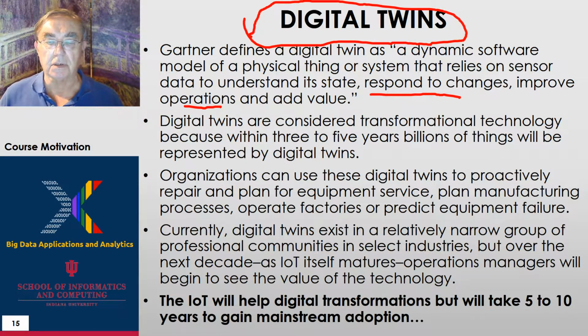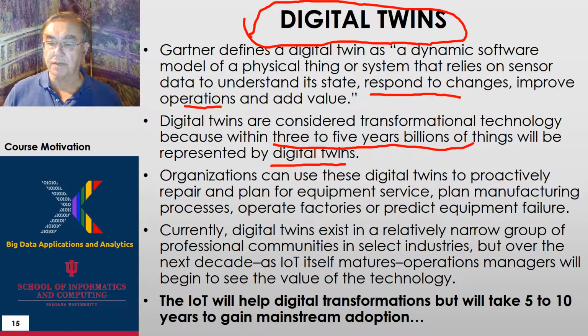You could build a digital twin of your car and use that to design a better car, or possibly to, in real time, feed in the sensors and use the digital twin to make a prediction as to what will actually happen. Will the car really be able to make that tight turn, or is that impossible for its mechanical engineering and power? So this is actually something I hadn't really realized, that in 3 to 5 years, billions of things will be represented by digital twins.